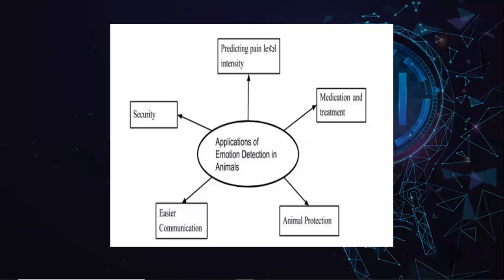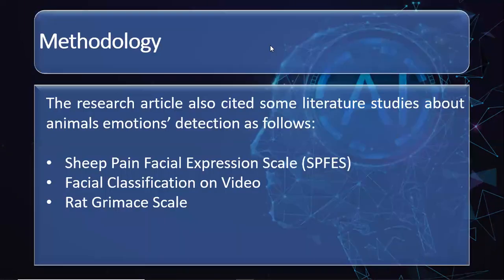So again, this is the illustration of the applications of emotion detection. I already discussed the five applications. To continue with the methodology, the research article also cited some literature studies about animal emotion detection, as follows.